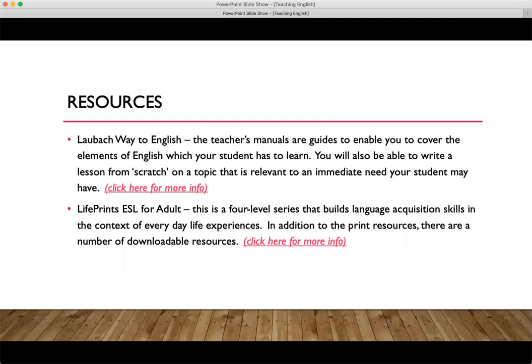Let's take a quick look at resources. We have two main resources that you will find at your council offices. Laubach Way to English. The teacher's manuals are guides that enable you to cover the elements of English which your student has to learn. You'll also be able to write a lesson from scratch on topics that are relevant to an immediate need your student may have.